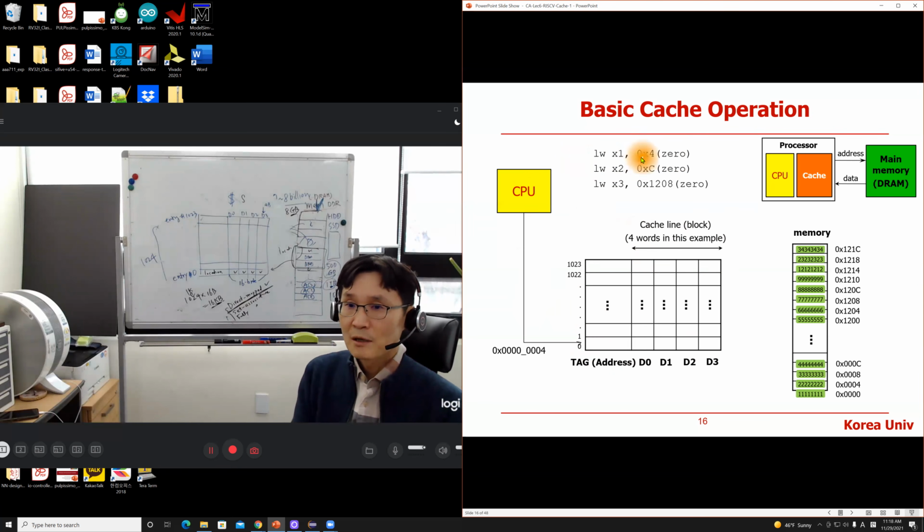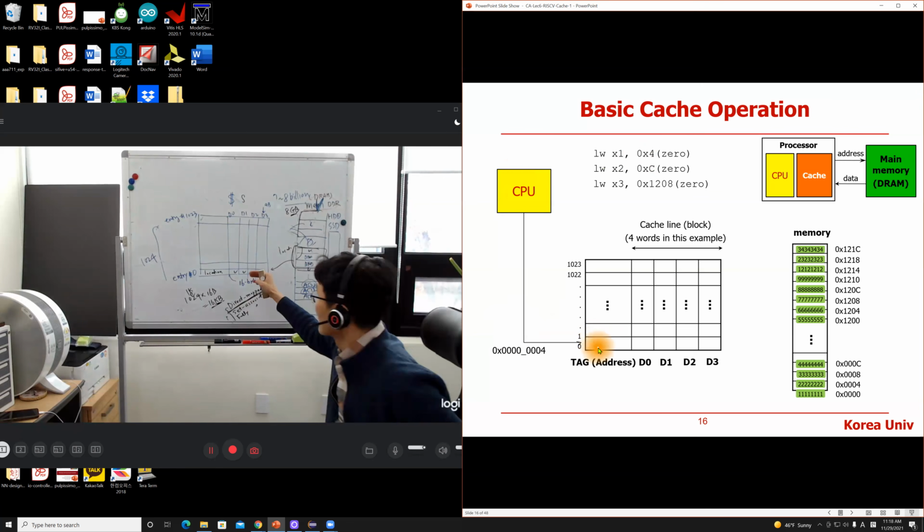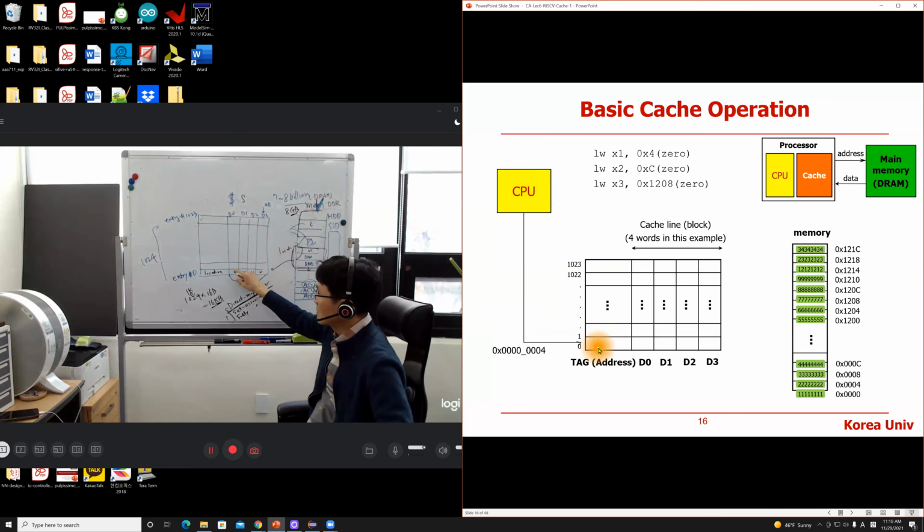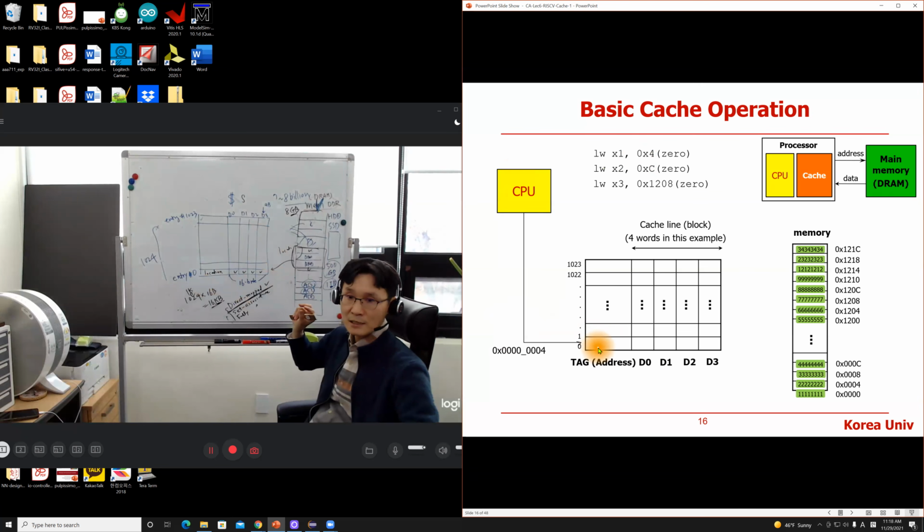So search the cache. When cache is searched, out of this 1024, only one entry is selected for lookup.